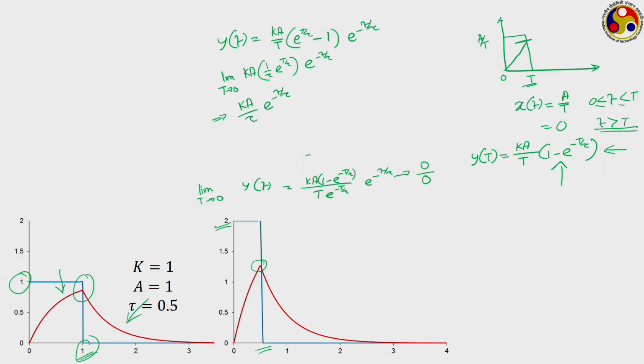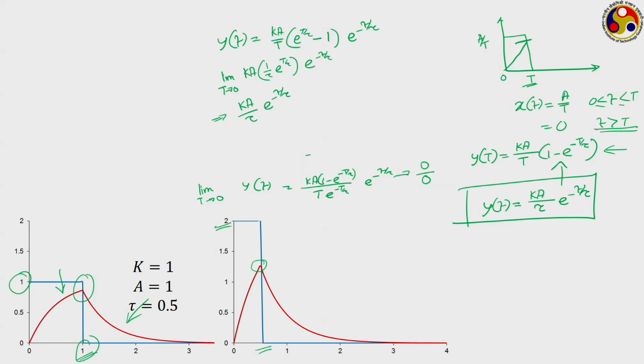That means the perfect response against an impulse input can be written as y(t) equal to k by tau e to the power minus t by tau. This is what we are looking for, because here we started with a ramp or a curtailed ramp, a ramp applied over a certain duration of time, then that input signal going to 0, and by doing the mathematical operation, that is t tends to 0, we have got the perfect impulse response, just a plain negative exponential function.